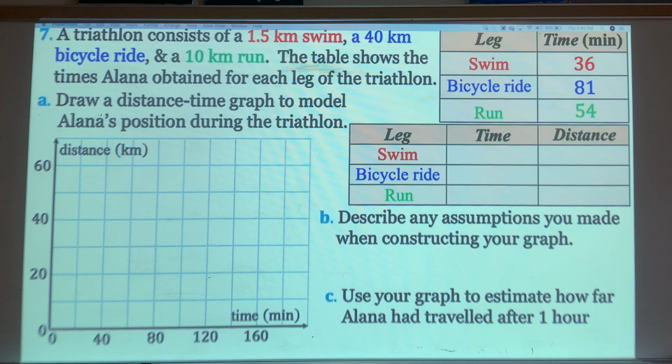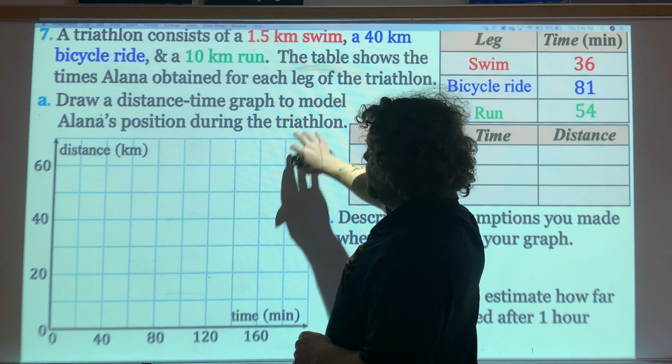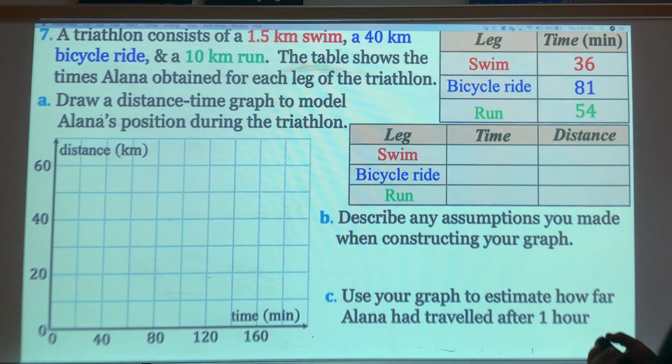What you're trying to figure out is the distance-time graph. So the first thing you're going to do is graph these things on this graph. When you draw the distance-time graph in the model and you're drawing her position, what are you doing first?